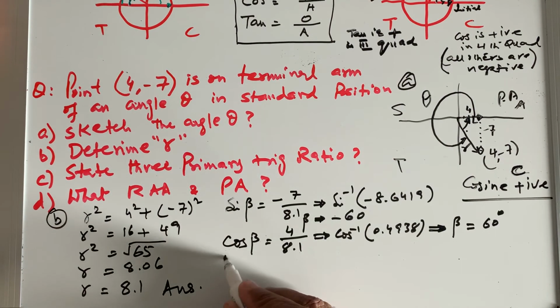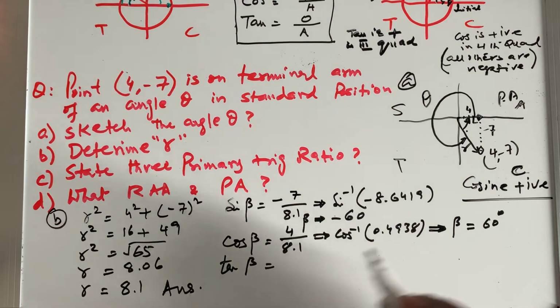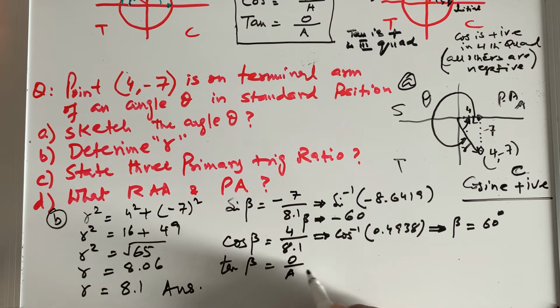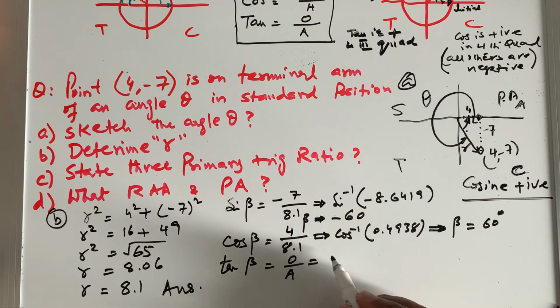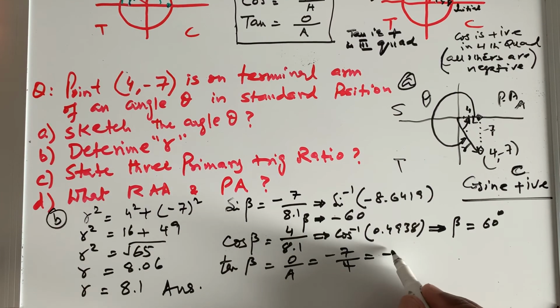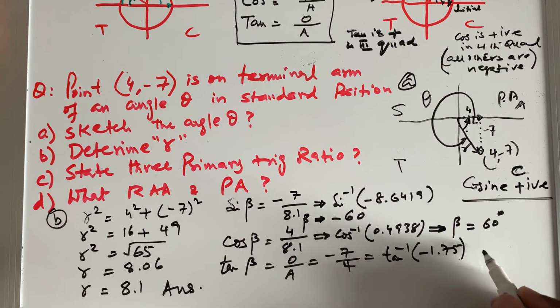And then I calculate tangent beta. What is tangent? Opposite over adjacent. Minus 7 over 4 in this triangle, and the tangent inverse of minus 1.75 gives me minus 60.